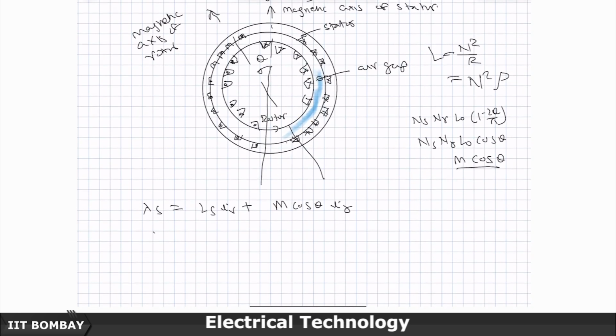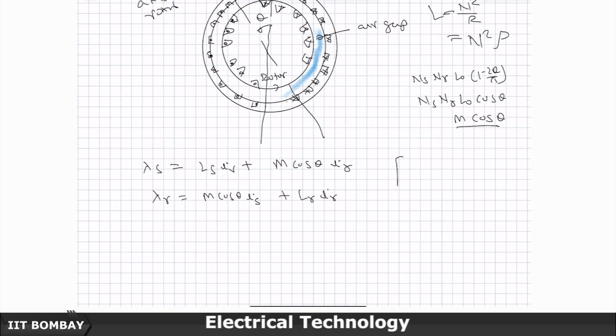And the flux linking the rotor is going to be m cos theta times I_S, the mutual coupling term with respect to the stator current, plus the term which comes from self inductance, which is L_R I_R.